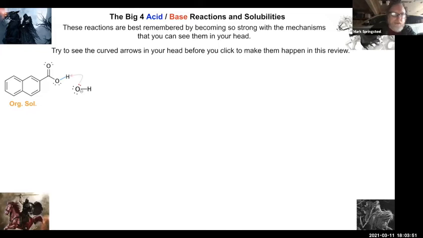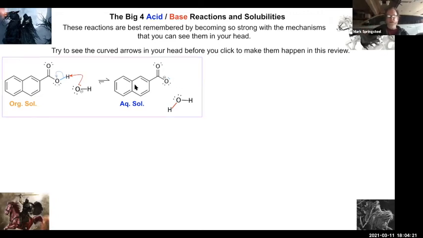Yep. And when it gets deprotonated, it becomes negatively charged. So is it now just as organic soluble, or is it less organic soluble and more aqueous soluble? More aqueous soluble. Yeah, and pretty much all of it will go into the aqueous layer. So when I have those two layers, I add some base, deprotonate all the acid, shake it up, and it goes into the aqueous layer. It's pretty cool. You can switch it into the aqueous layer.